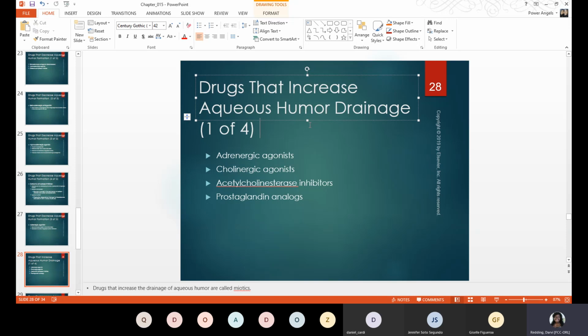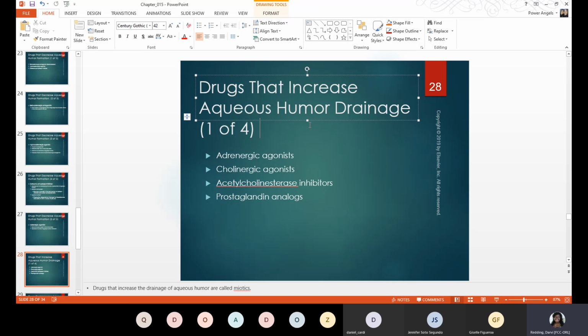Now this sounds like a lot, and I know it does, but I want you to know the medications that's prescribed, all medications have a drug class. So it belongs to a category. So these are the classes of drugs that would help increase the aqueous humor drainage. So these are just some examples.